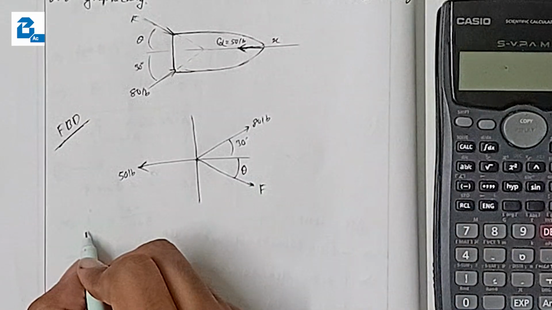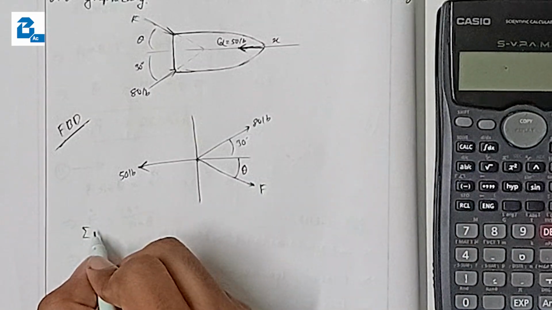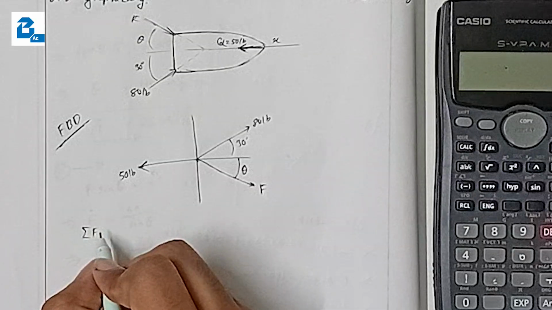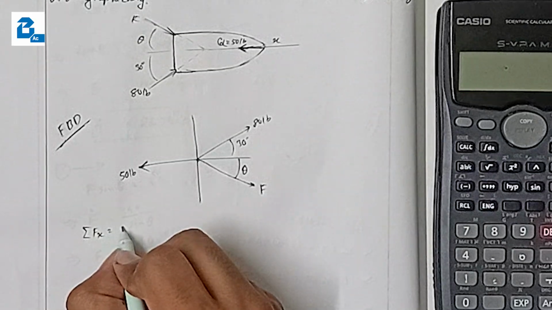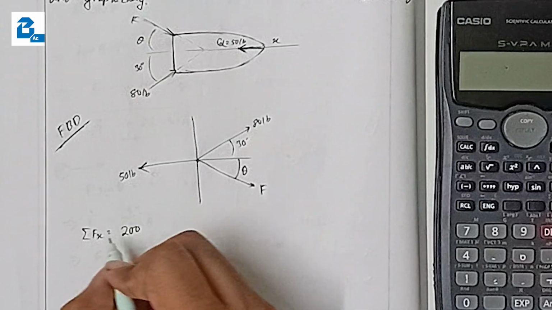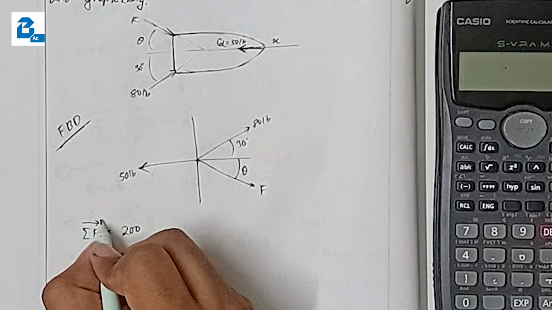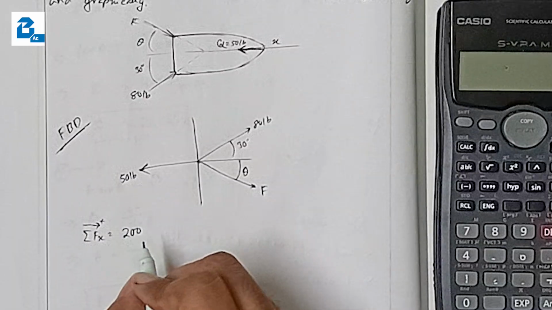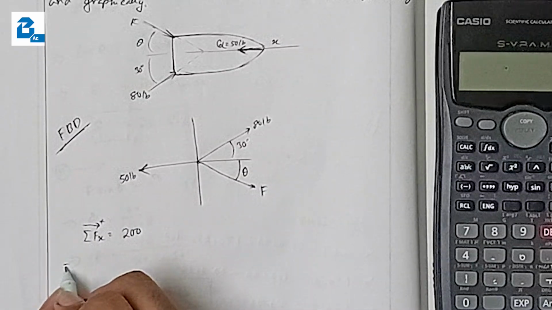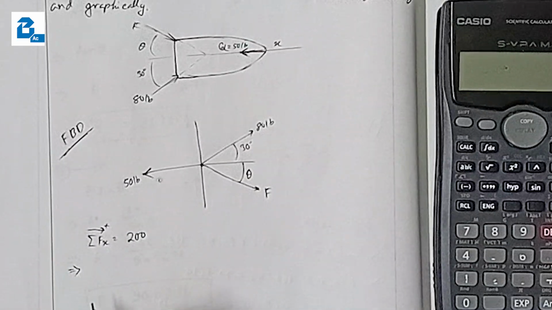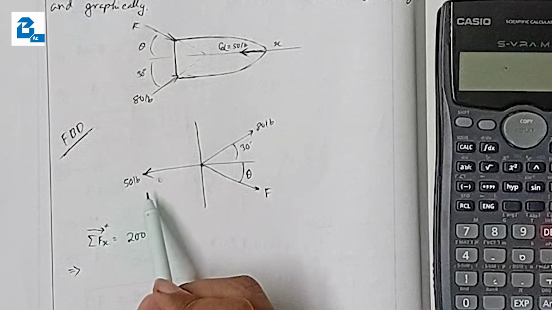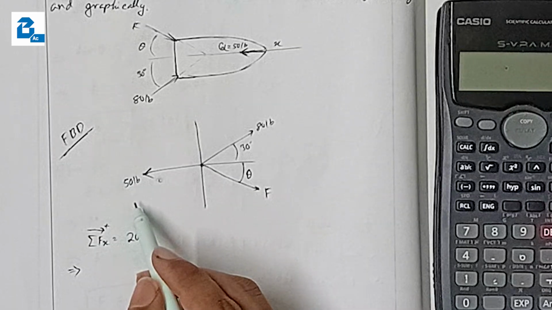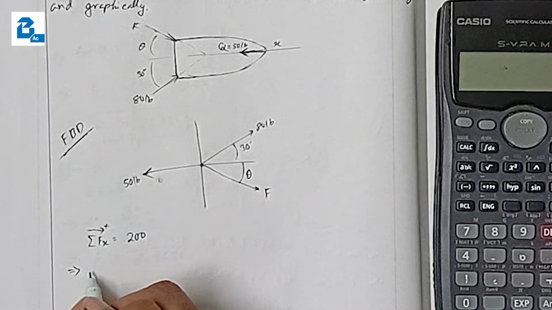And here the summation of F of x, or the summation of all the horizontal forces, equals 200 pound, where rightward is positive. So if we sum all the horizontal forces here, that would be first the 50 pound. Here the 50 pound is acting leftward, so it would be minus 50 pound.